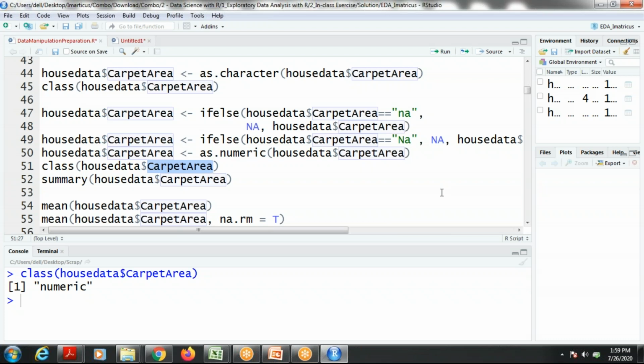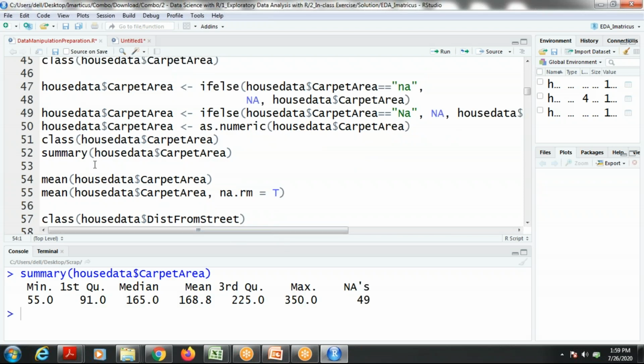Yes. Now, once that is converted into numeric, what are we supposed to do? If you run the summary, I will come to know. Here I am running summary only on that particular variable. If you run summary on the house data, it will give output for all the variables. Here I am looking for carpet area only.